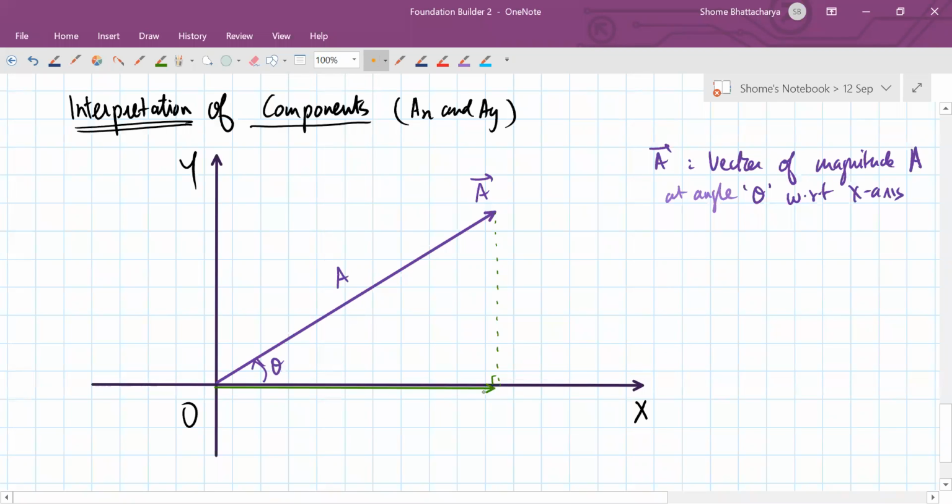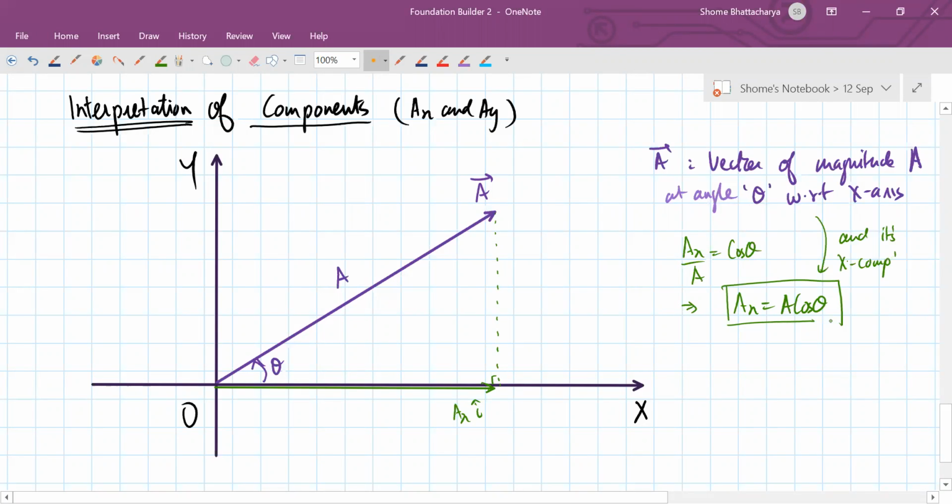This quantity here is nothing but my ax i cap. So from this right angle trigonometry, you can see that ax upon A is nothing but cos theta. So that means the x component of this vector is A cos theta. Okay. So if I draw a vector like this, its x component becomes, by this formula, A cos theta.